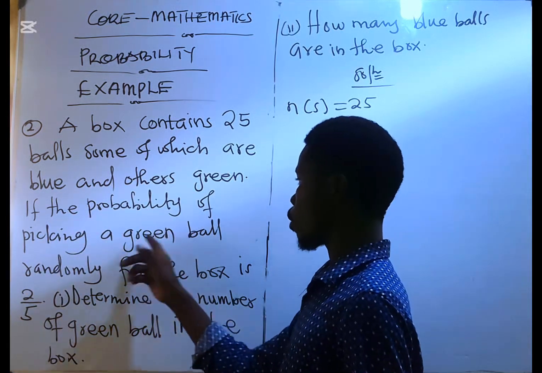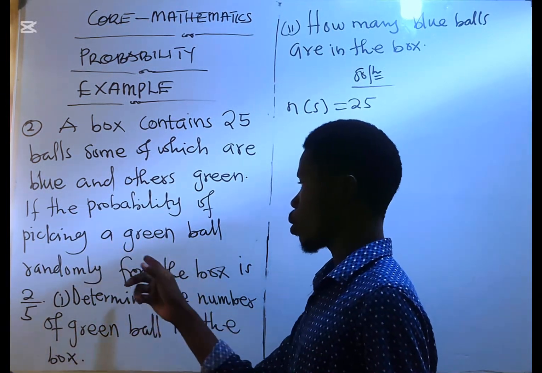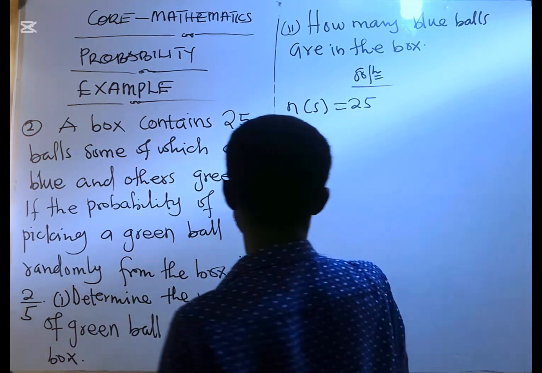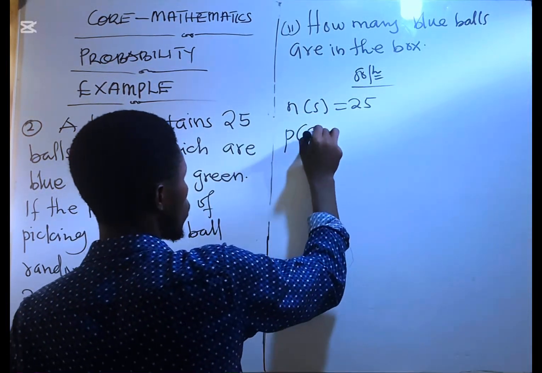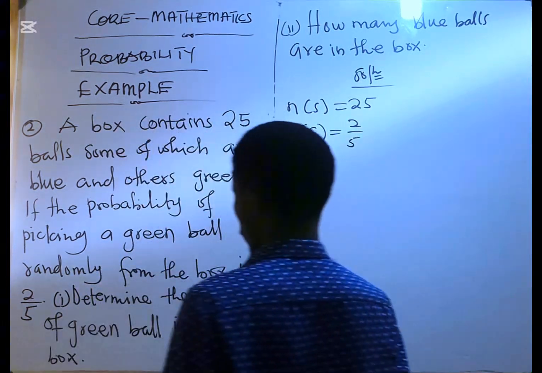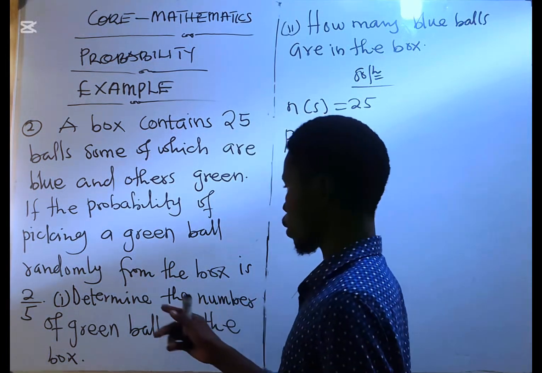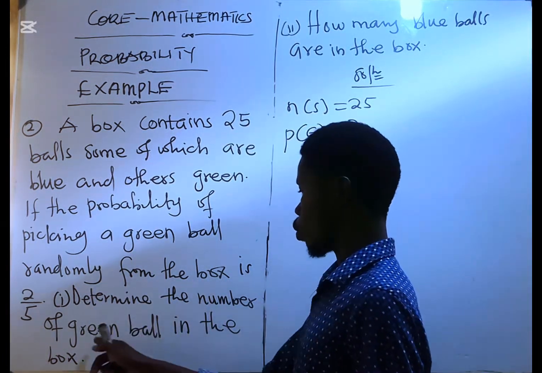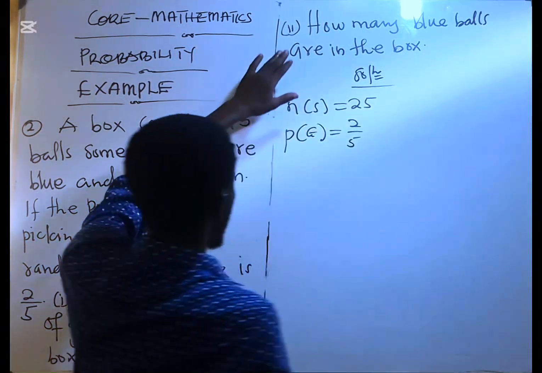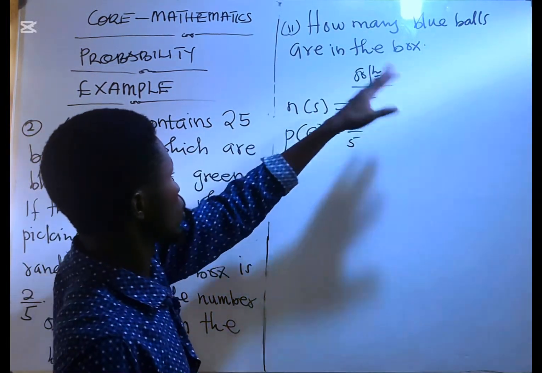If the probability of picking a green ball randomly from the box is 2/5, so the probability of picking a green ball is 2/5. Okay? Determine the number of green balls in the box. Then how many blue balls are in the box.